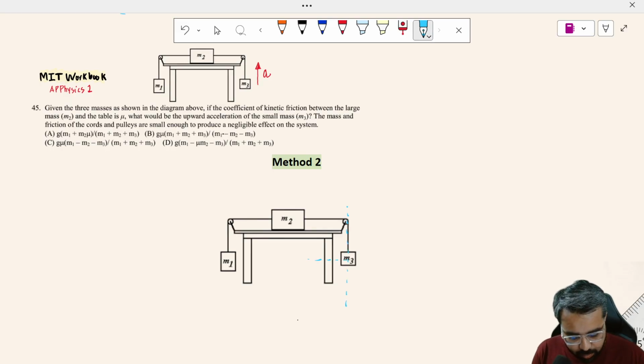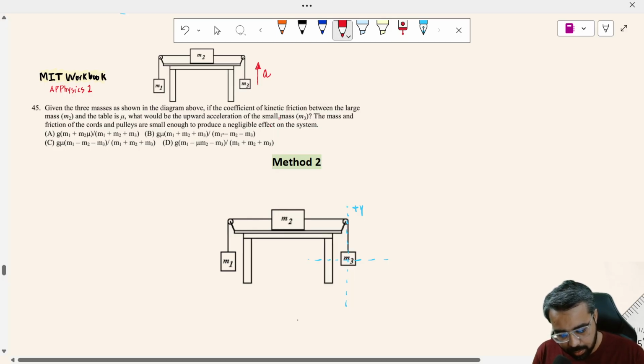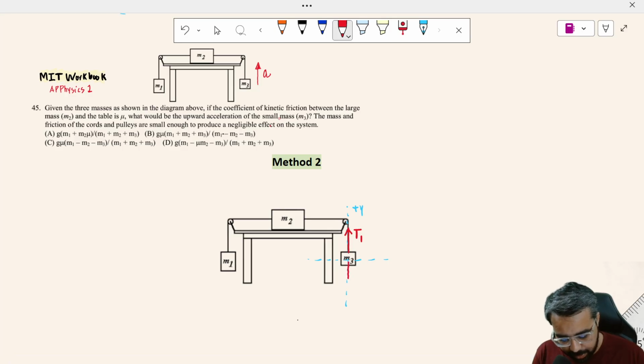Okay, conventionally, this is a positive y-axis, and if it is accelerating up, it means that the upward tension force, which I'm calling tension T1 for example, must be more than M3g. M3g is the weight of this mass, and it is less than the tension in this cord.